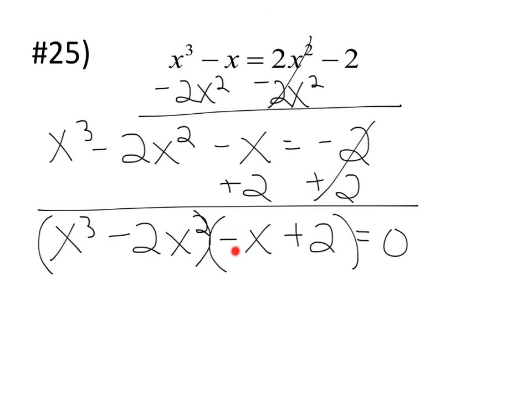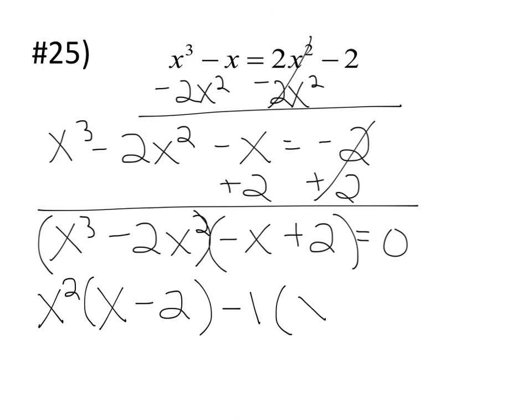Because my third term is negative, I know I'm going to factor a negative out of my second binomial. So my first binomial has an x squared in common, leaving me x minus 2. My second binomial, I know I need to factor a negative out, but there isn't anything in common, so I'm just going to factor out a negative 1, leaving me x minus 2.